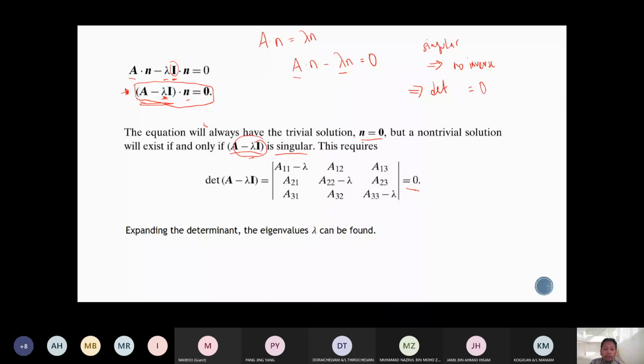Lambda is only on the diagonal elements, so here you have minus lambda because it is on the diagonal. Then find the determinant equals 0. From here you expand the determinant, then you can find the eigenvalues lambda. Later we will see an example of how to do this.